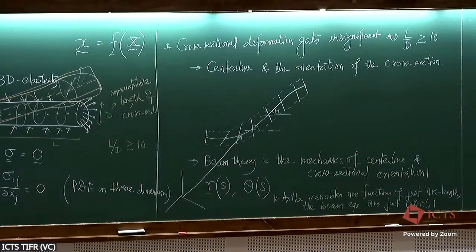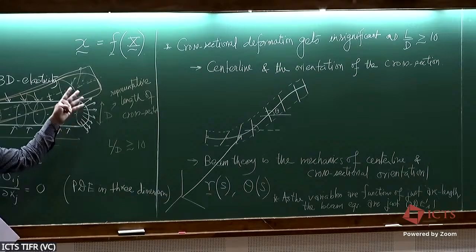Okay? There's another very interesting thing about beam theory. See, when you go from this 3D picture to the 1D picture, where you reduce the load description from the surface to the center line, a statically equivalent load description, it turns out a given force and moment, for example, that you get here can be obtained through infinite choices of traction distribution.